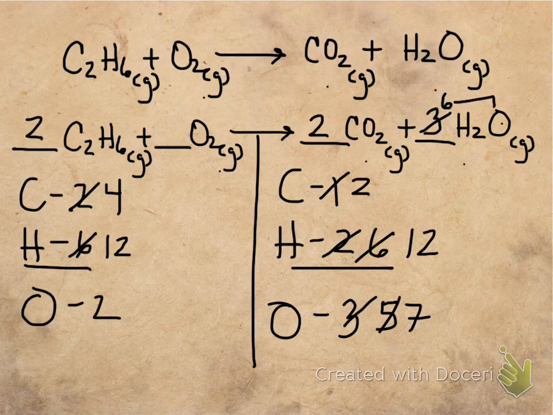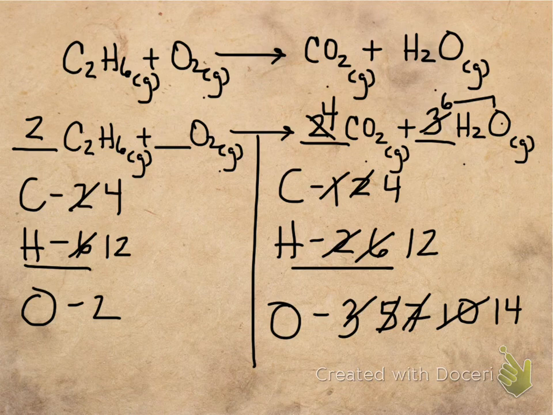So I now have 6 oxygens here and 4 oxygens there for a total of 10 oxygen. Is my carbon balanced? Nope. So if I put a 4 in front of my CO2, I now have 4 carbon, 8 oxygen there, 6 oxygen there. That gives me a total of 14 oxygen. Everything but oxygen is balanced.